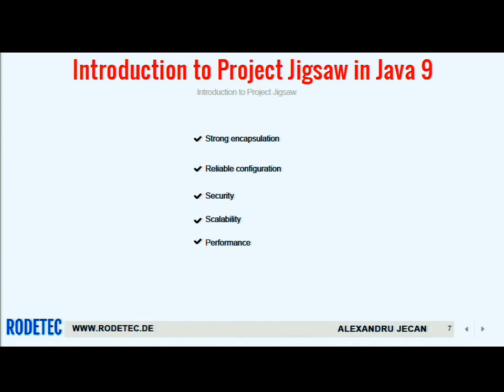Then security. I already told you, the JDK internal APIs are hidden. You cannot access them anymore. Just a few of them you can access, for which you don't have replacements, like sun.misc.Unsafe, but all the others are encapsulated and are not accessible.